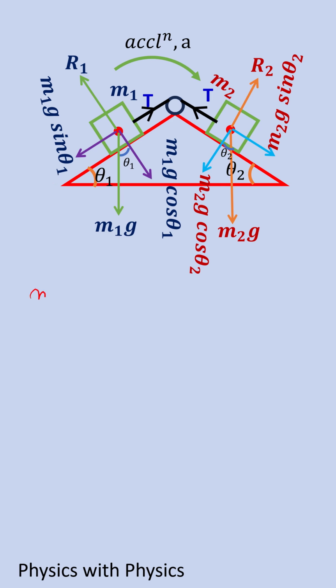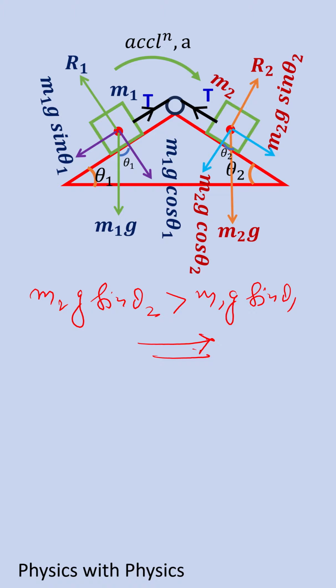If M2G sin theta 2 is greater than M1G sin theta 1, the body will move rightward, which is our case. And if M2G sin theta 2 is less than M1G sin theta 1, the body will move leftward. But this is not our case right now.